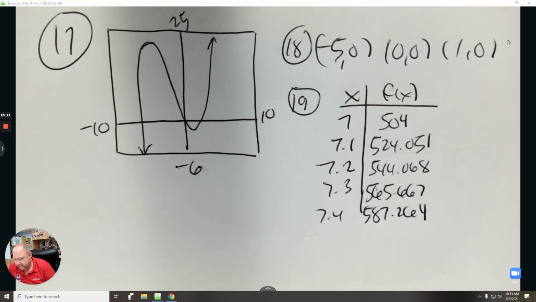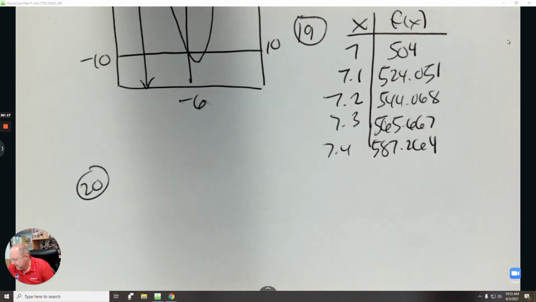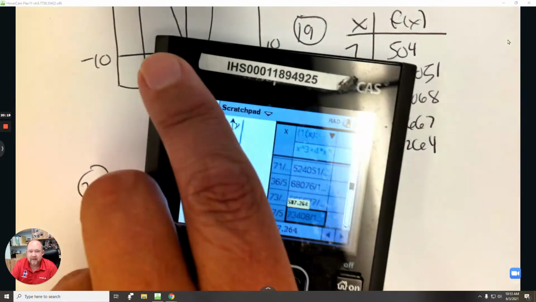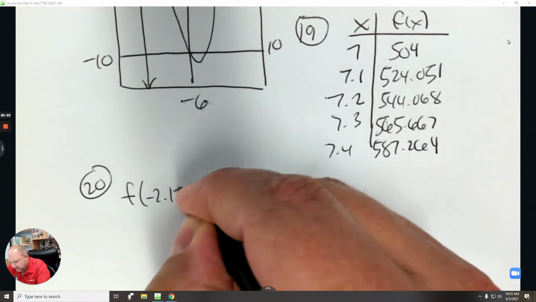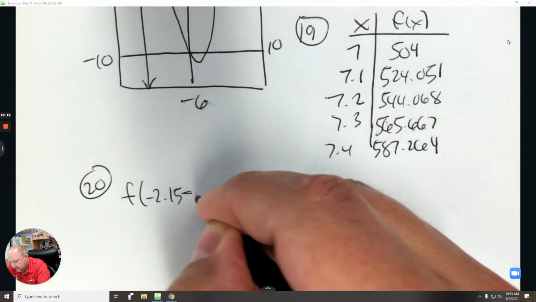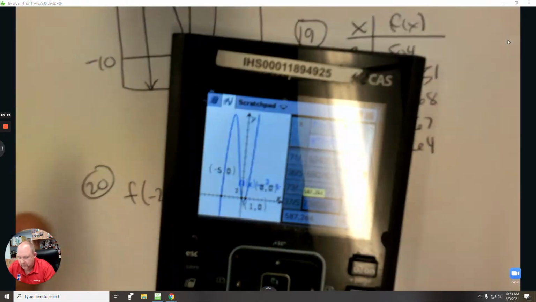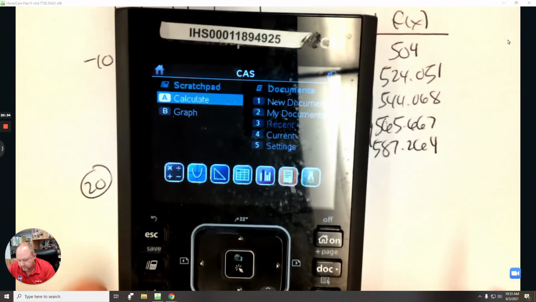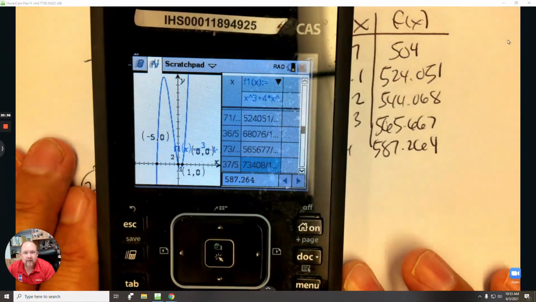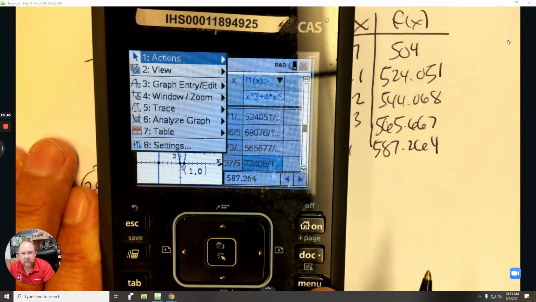Number 20, again, is with our calculator. It says find f at that for the same function. I just want to show you something this calculator can do, which is really nice. If you want to get rid of that table, you can press menu.